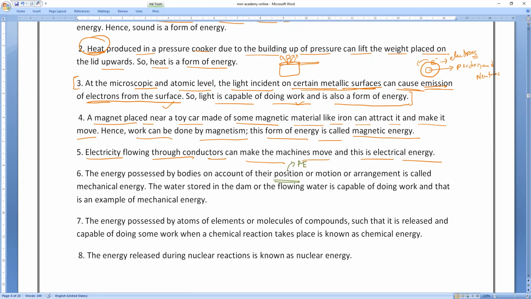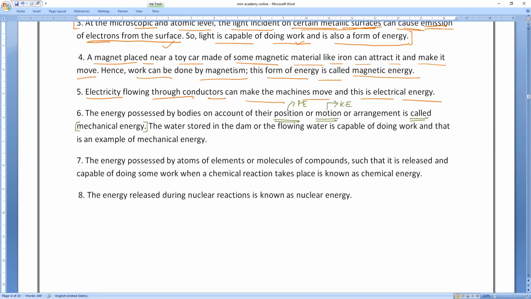Potential energy. Due to motion, the energy possessed by the body is called kinetic energy. What is that? Kinetic energy. Potential energy plus kinetic energy combined, only then we call it by that name. What is the name of the energy, everybody? Mechanical energy.